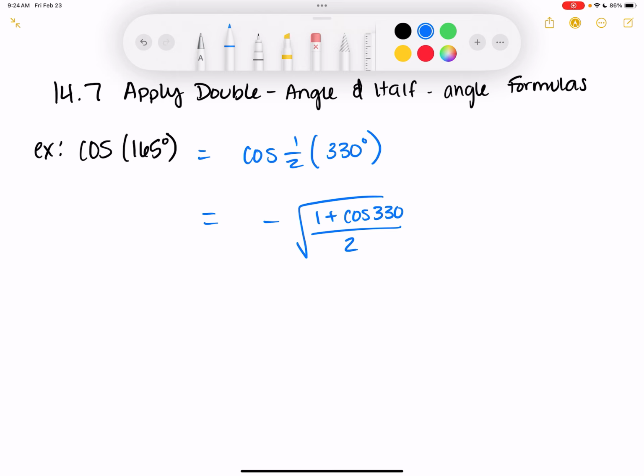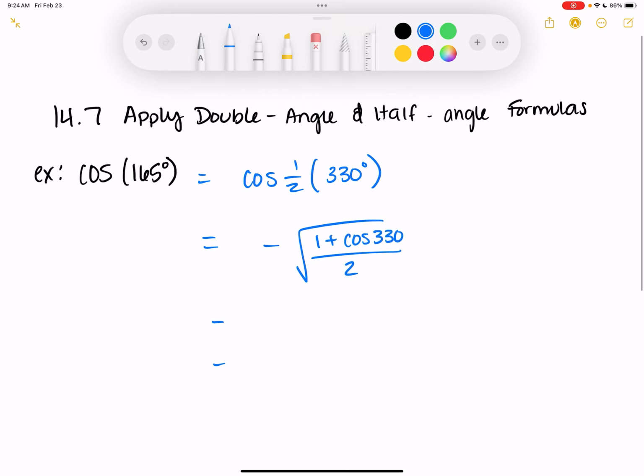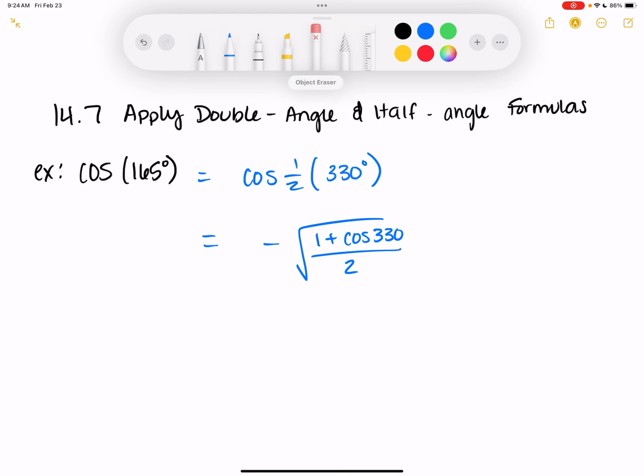What is the cosine of 330? Root 3 over 2. So 1 plus root 3 over 2, all over 2. So I'm going to get a common denominator on the top, and then when I'm dividing by 2, that's the same thing as multiplying by 1/2.